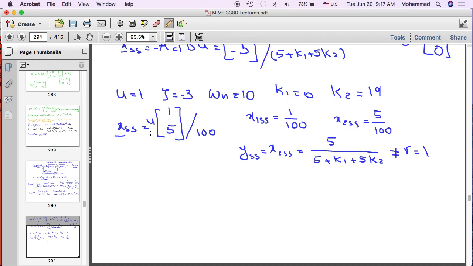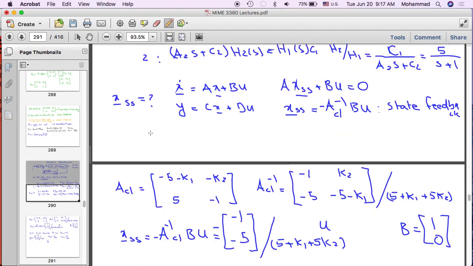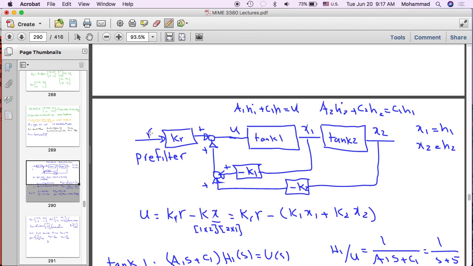They took their steady state, 0.05, so it needed to be 20 times larger. But how did you make x2 steady state 20 times larger? You're making the input 20 times larger, so you are fooling the system, actually. What you're doing is you're saying, I pretend. See, when KR is 20, look here. When KR is 20, what are we doing?